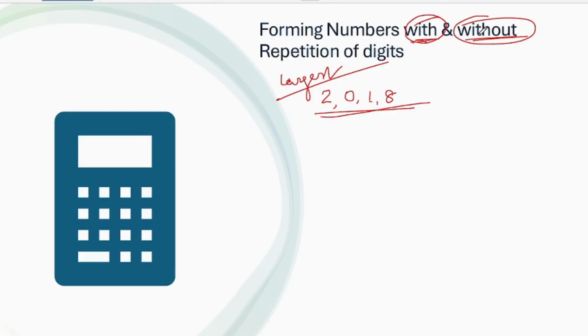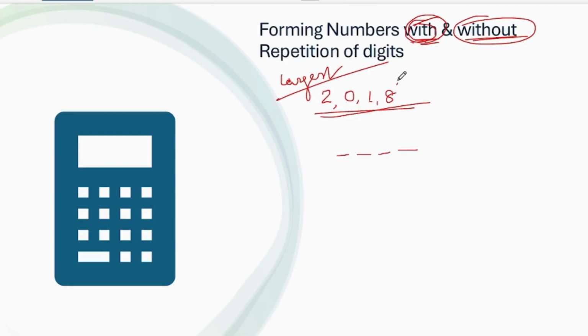If it says with repetition, it means you can repeat a digit. So it is asking for the largest 4-digit number, so we'll give the place positions of 4. Repetition of digits is allowed.